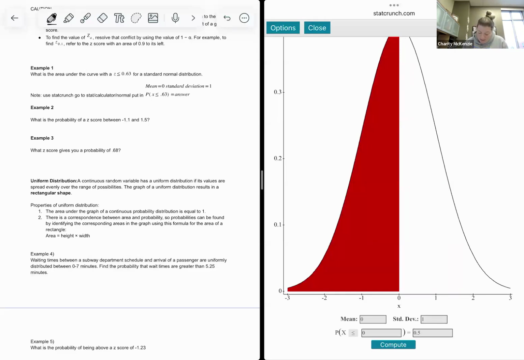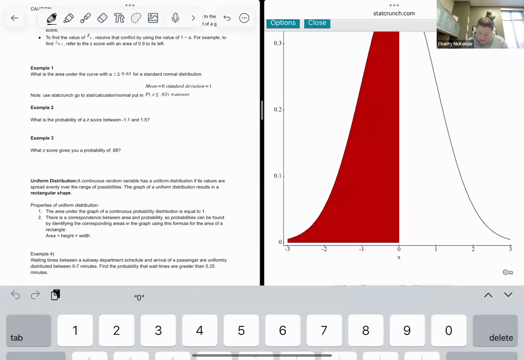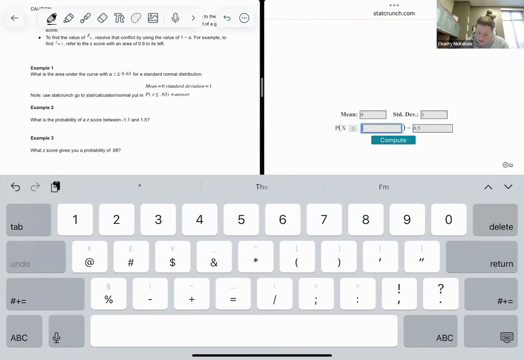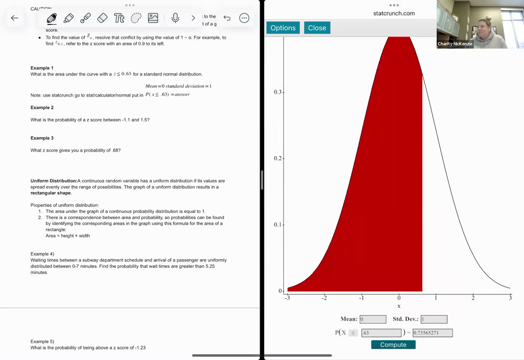And then you can play around with all the different symbols here and change the numbers. The first one we have is z is less than, and it always says x, but it's referring to z when you're at 0 and 1. So we want 0.63. Then compute, and it has given me that probability there.